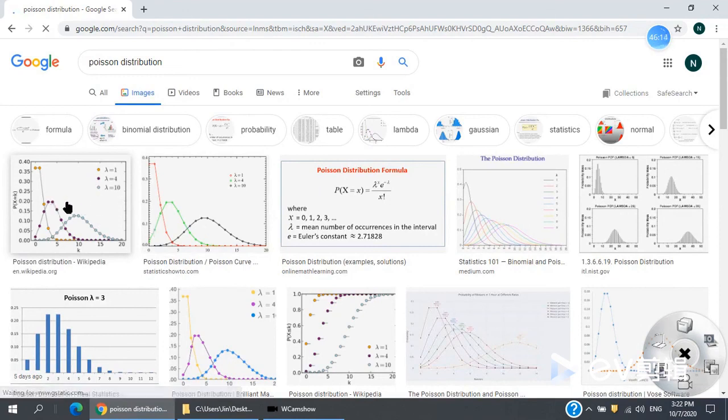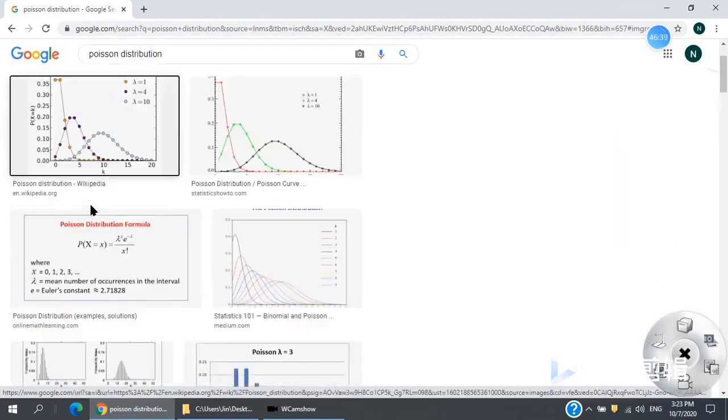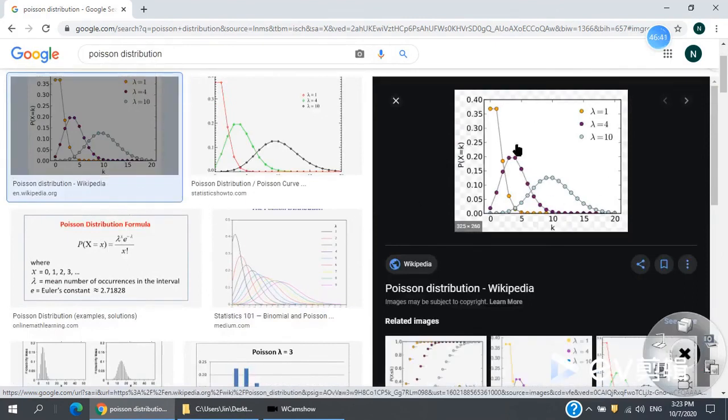This one uses lambda for the parameter. Is this one, right? The Poisson distribution formula. You can see the red letters, and in the P of x, they use lambda. They did not use alpha, they just use lambda. This lambda is just alpha in our textbook. Then it looks like this. For lambda equal to 1, 4, and 10, we have three curves.